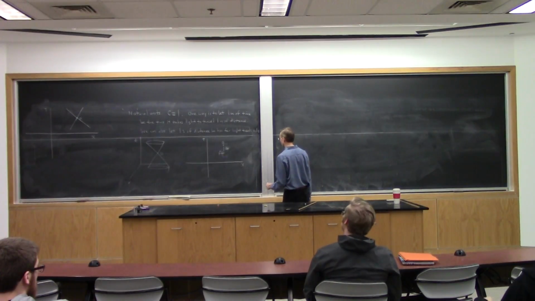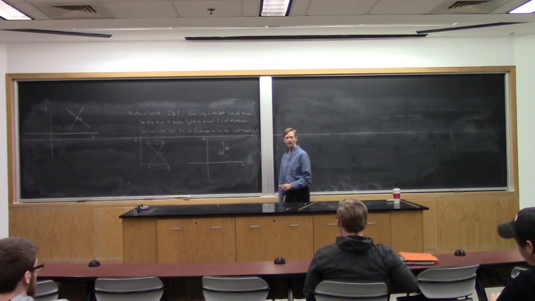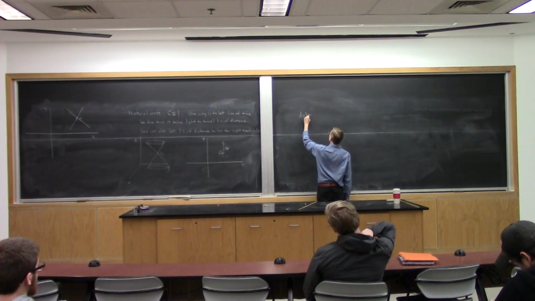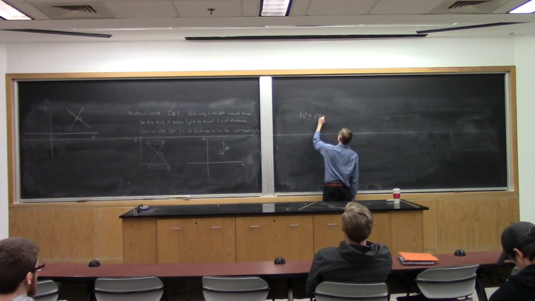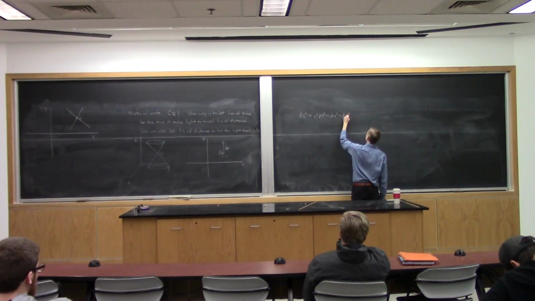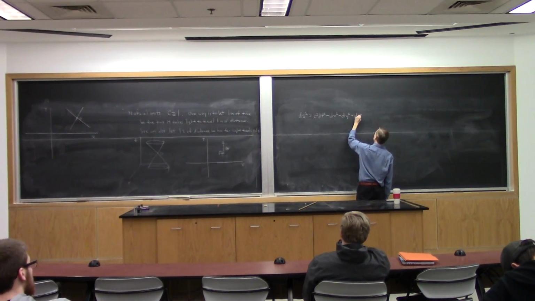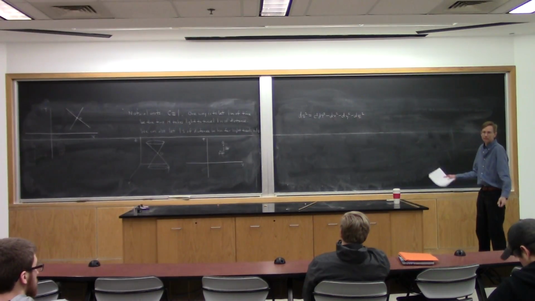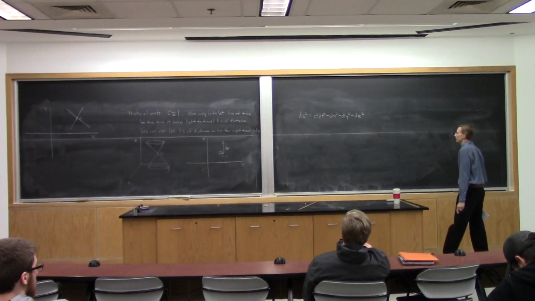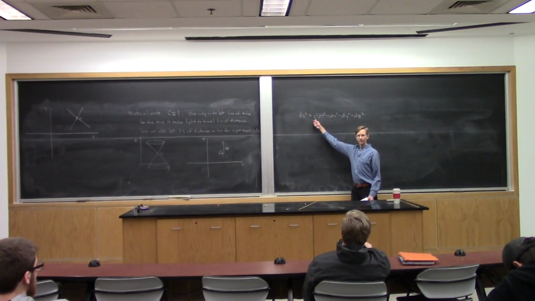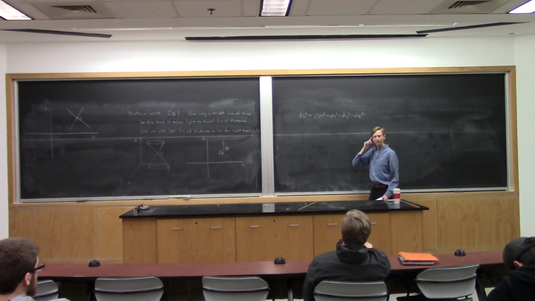So, when we talk about the space-time interval between the events, what we said is that ds squared is c squared dt squared minus dx squared minus dy squared minus dz squared. We could put in deltas. So, in natural units, the c goes away, and then it looks nice and symmetric.